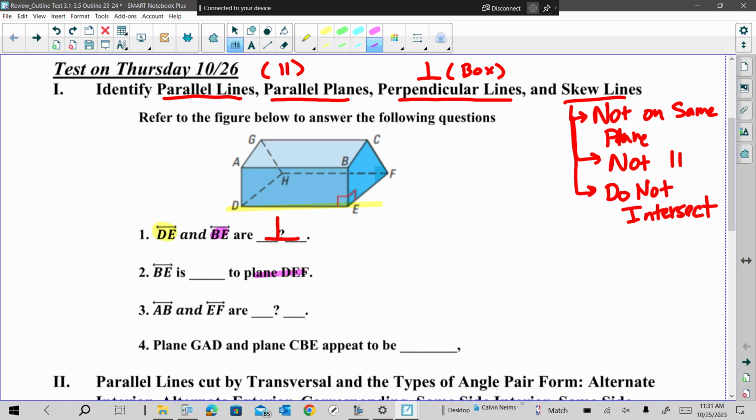If I go from D to E to F, that's this bottom plane right here. What can I say that the line and the plane are? Because this plane is going out this way, the plane is going this way, the line is going this way. This is parallel.